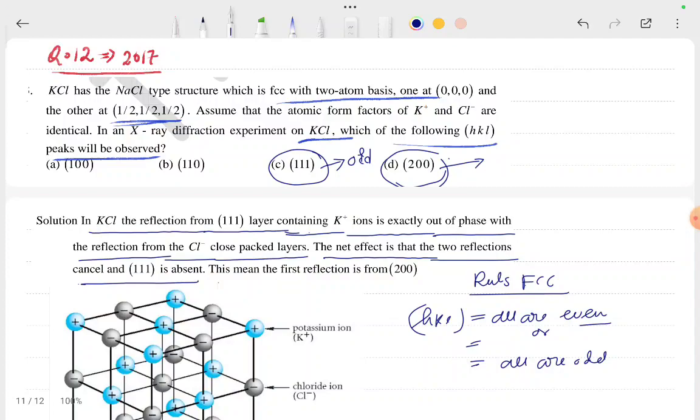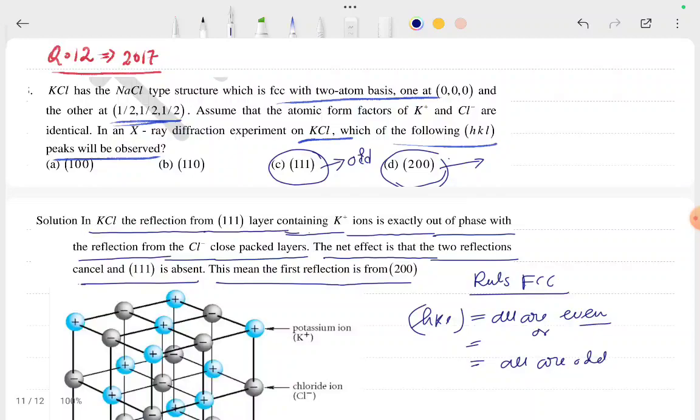So this means the first reflection, 200. Actually for FCC, options C and D both we consider, right? But for KCl, the reflections from the layer containing K plus ions are exactly out of phase with the reflections from Cl minus ions, so these two reflections cancel each other from one plane.